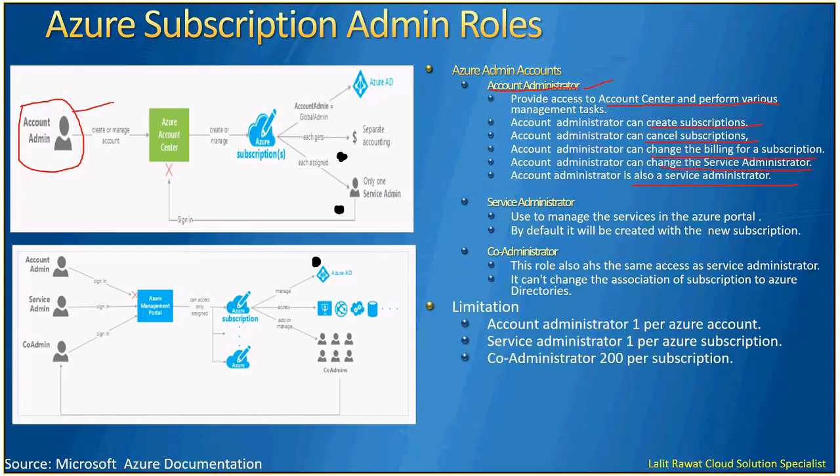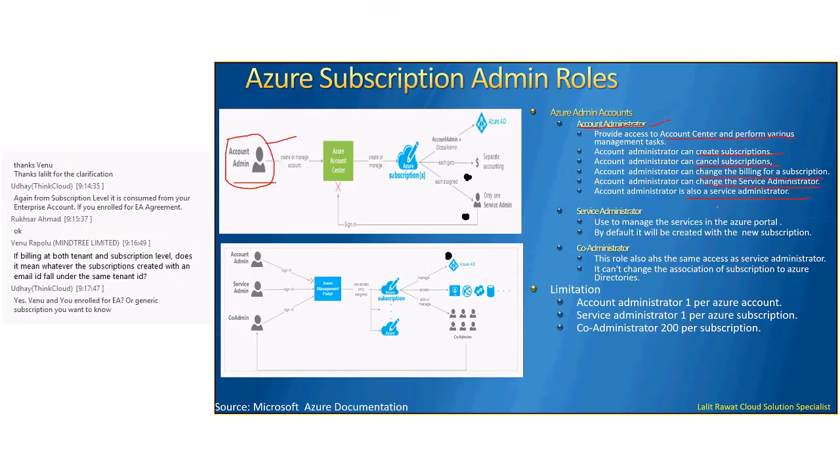When your Live ID logs in, it has all the rights to add to a subscription. And there is a limitation: the Azure account administrator will always be one, and the service administrator will always be one. The first account you log in with becomes the service administrator and the account administrator. You can add a couple of service administrators, but you cannot add an account administrator.